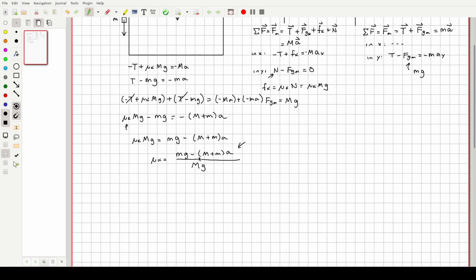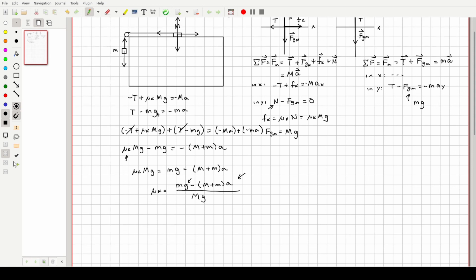And basically, g is something that we know. I mean, that's 9.8 meters per second squared, right? Little m is something that we find. So little m is how much mass is required to slide off. Big M is something that we measure, via a scale in the lab, which I've already done for you.